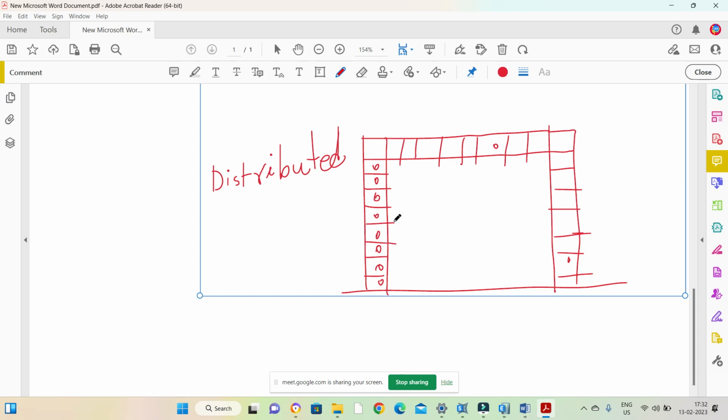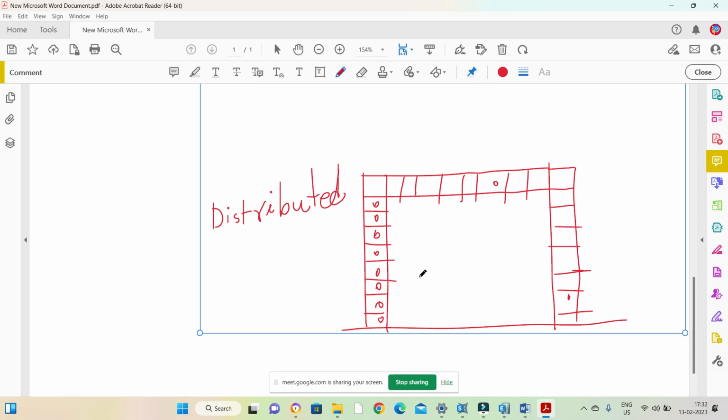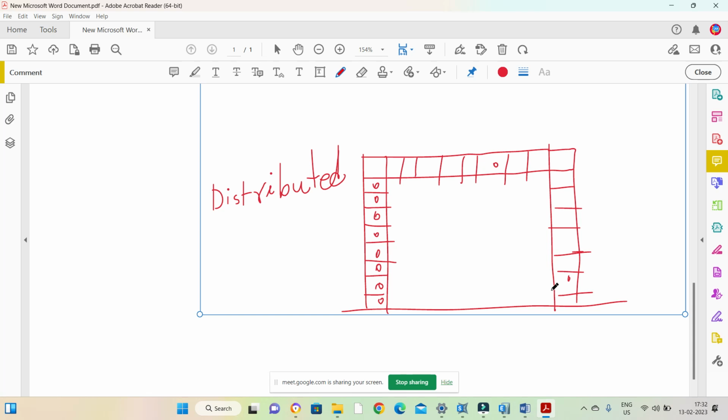For example, because of some load, if suppose failure is happening in this point also, this region also, this can predict it, because you have already given the nonlinear definition. So this is more accurate. The distributed plasticity concept is more accurate, but the problem is it is more complicated. It will take a lot of time, and sometimes the analysis will not be able to run in the software.